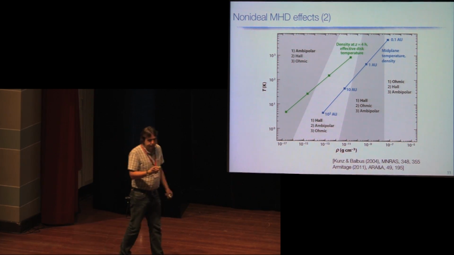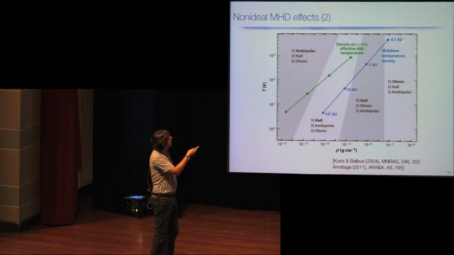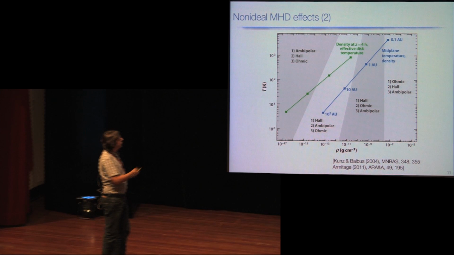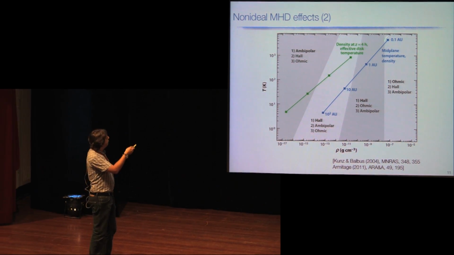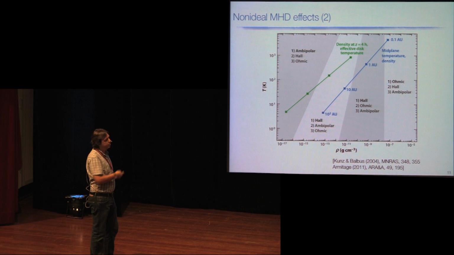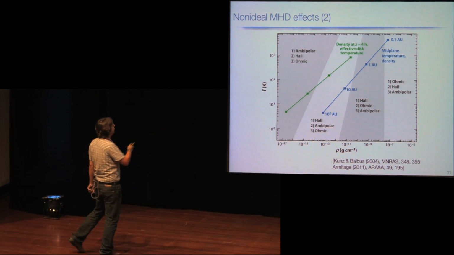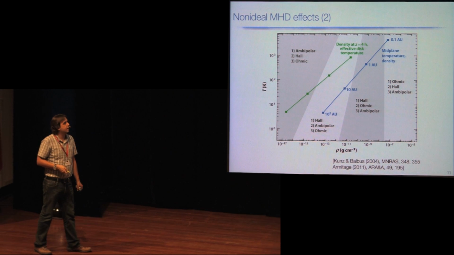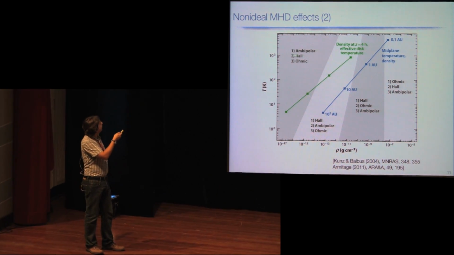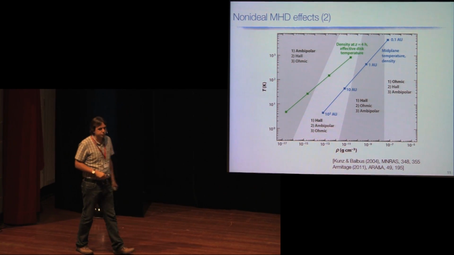What you find here is that in the mid-plane, in the inner regions, you are dominated by ohmic diffusion. If you go further out, you are dominated by Hall effect and ambipolar diffusion in the outer layers. If you are high up in the atmosphere, so typically 4 scale heights, you are entirely dominated by Hall and ambipolar diffusion.